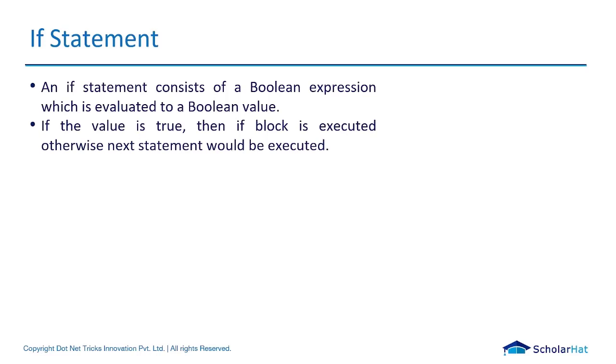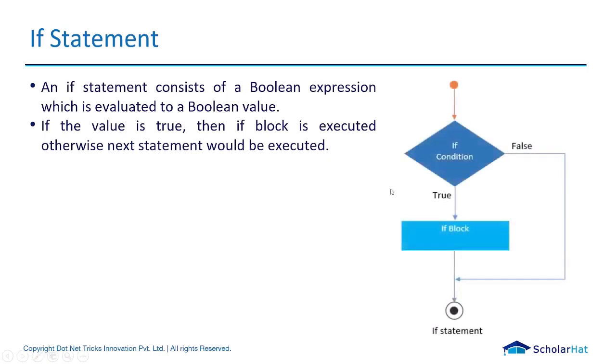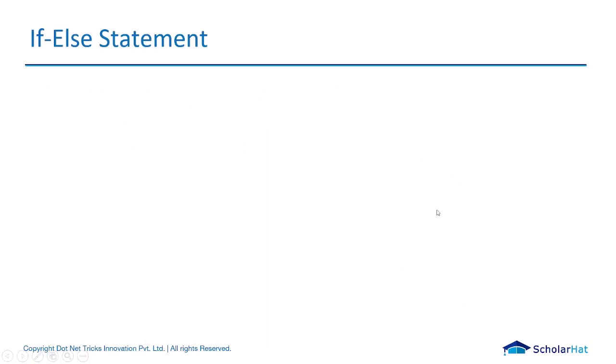If the value is true, then the block is executed, otherwise the next statement will be executed. This is how the flow chart looks. The condition is there. If it is true, then this block is going to be executed. If it is false, it's going to skip this block of statements. So this is what the if statement is.